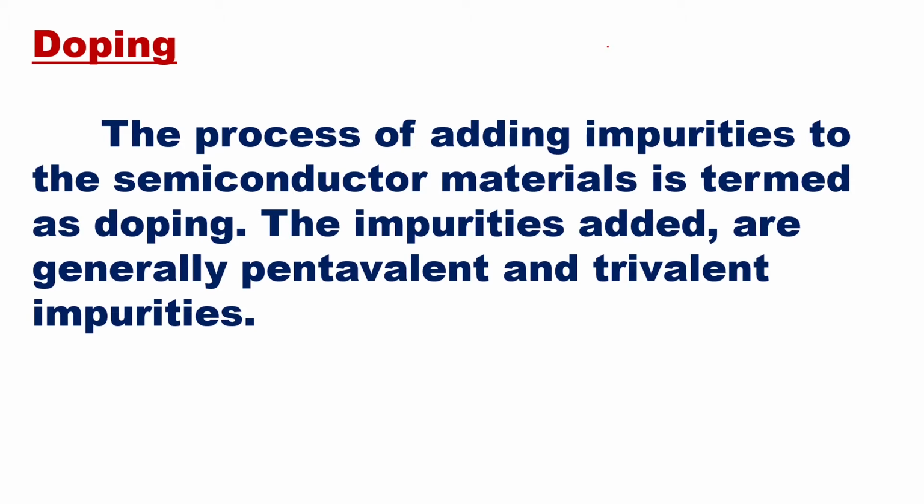The impurities added are generally pentavalent and trivalent impurities. Pentavalent means materials having 5 valence electrons, that is, 5 electrons in the outermost orbit.